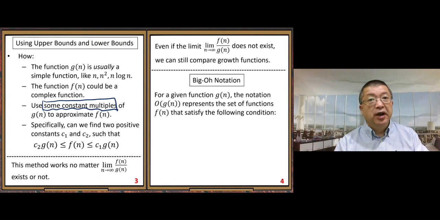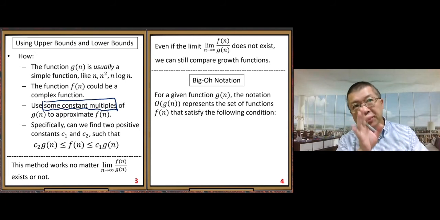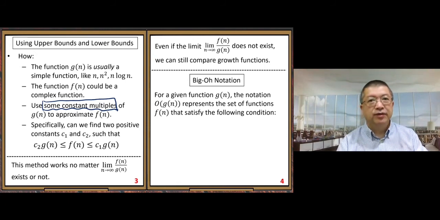The definition is this. For a given function g of n, the notation big O of g of n represents the set of functions f of n that satisfy certain conditions. So what kind of condition? The following condition.